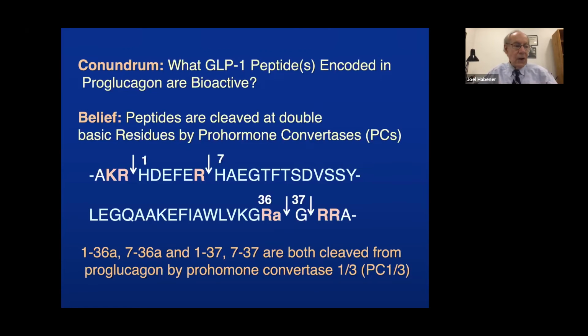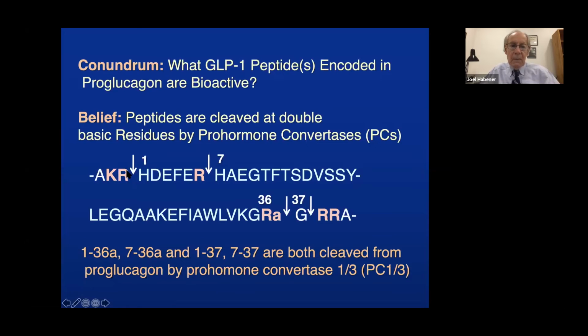And the structure of proglucagon was somewhat unusual in that it started with the two basic residues, arginine and lysine, or lysine and arginine, which is a classic cleavage site for prohormones to produce peptide products.